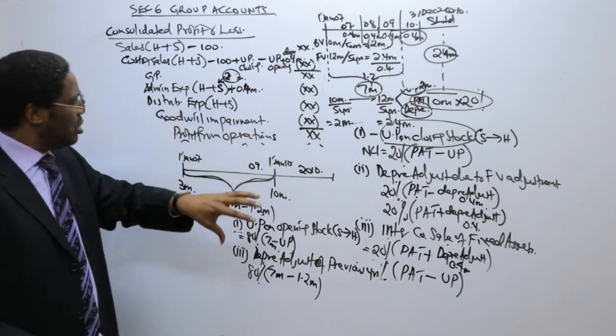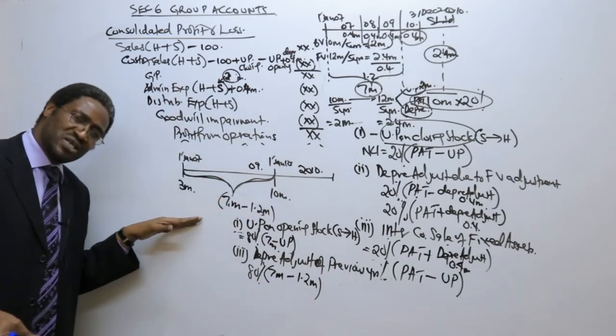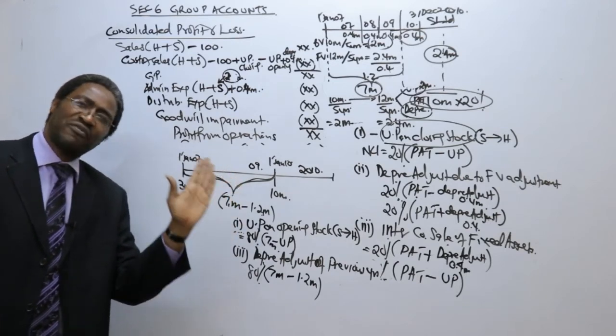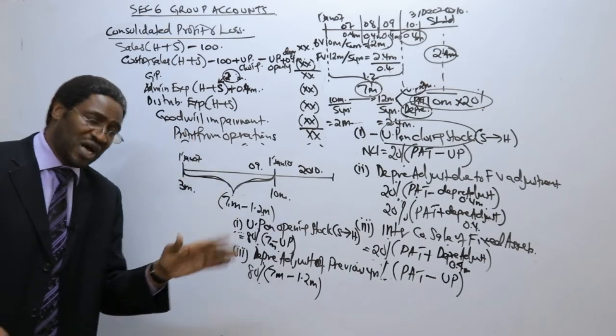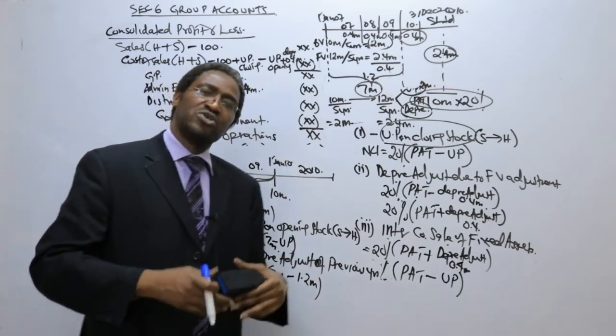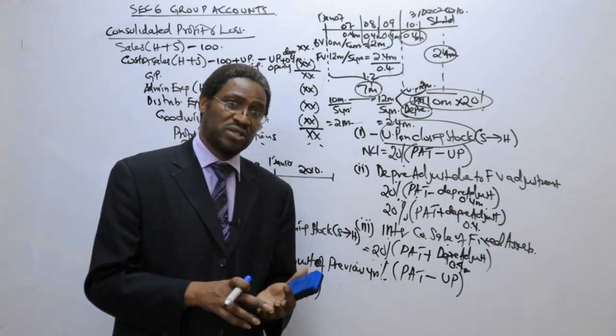But because we are dealing with the retained brought down of that subsidiary, which is the profit they had from the beginning of many years up to the end of last year, that 7 million they are claiming as post is not pure. So you correct it first. I hope you have understood that point.